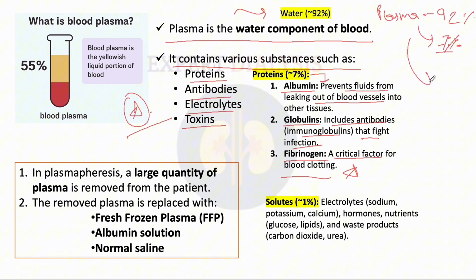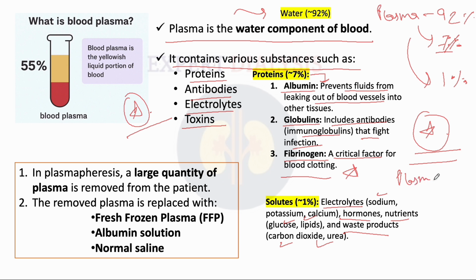Solutes comprise only around 1% of the total fraction of plasma, and solutes comprise what? Electrolytes, hormones, nutrients, waste products. Electrolytes are sodium, potassium, calcium. Hormones, nutrients like glucose and lipids are also present, and waste products like CO2, urea. So these are all present in our plasma. This is the composition of plasma.